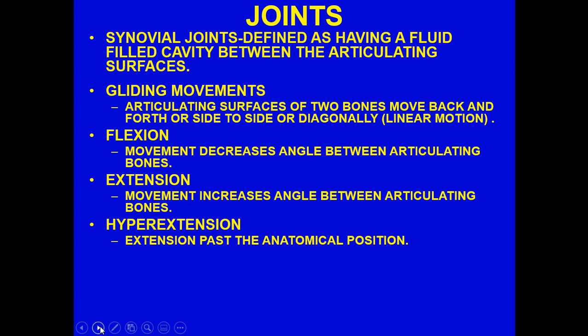If the articulating bones are the forearm and the humerus, as you stretch outward, that's extension. So you extend your arm or you flex your arm, if those terms help you. Hyperextension, though, is extension past the anatomical position. That can happen with some people, and they can have great pain, or bones can come out of joint in these situations.